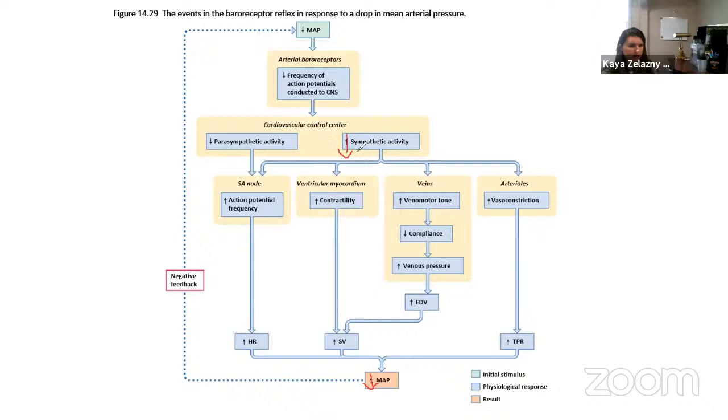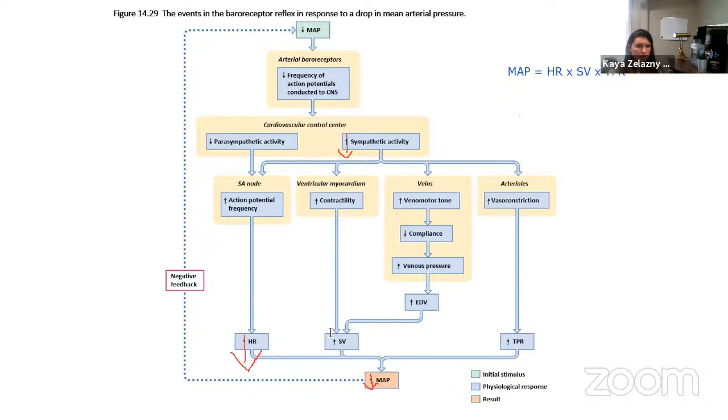Remember our equation: MAP equals heart rate by stroke volume by TPR. Those are the three things we're thinking about when it comes to things that can affect MAP. As we're relaxing, our heart is beating slower, so that's one way that MAP's going down.